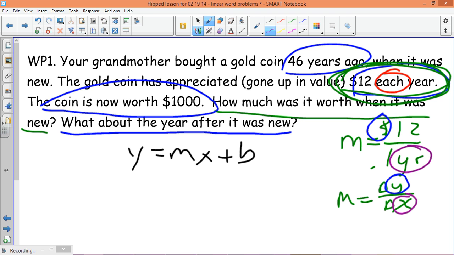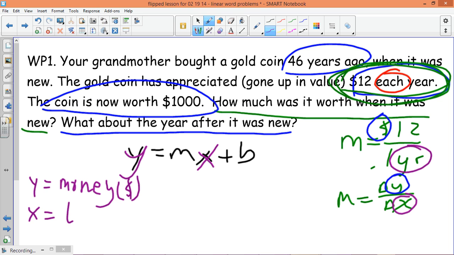So I'm going to replace the x and the y here with money and time. So I'll say y equals money, and that's going to be measured in dollars. And x is going to equal time, and that's going to be measured in years.